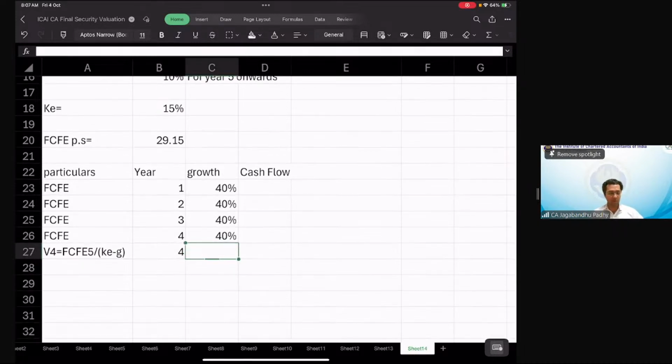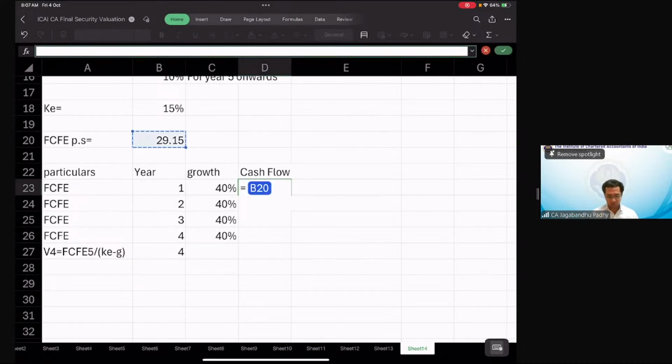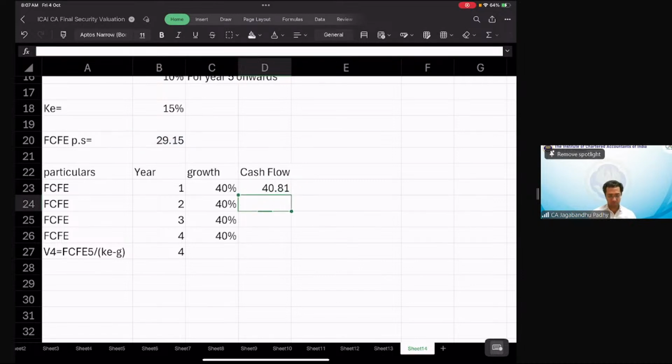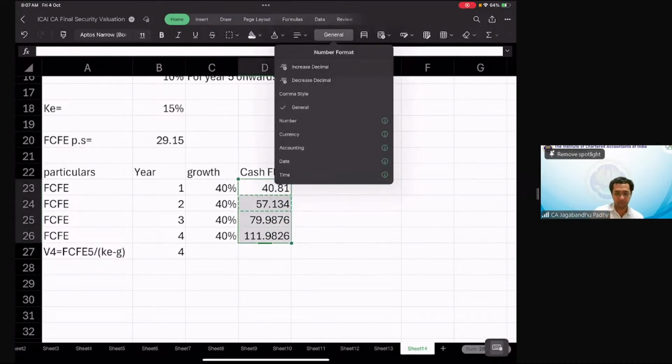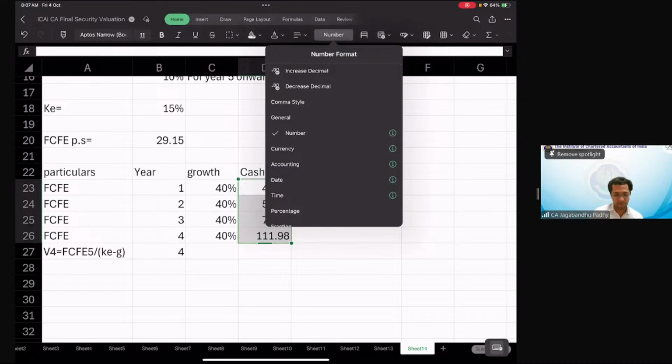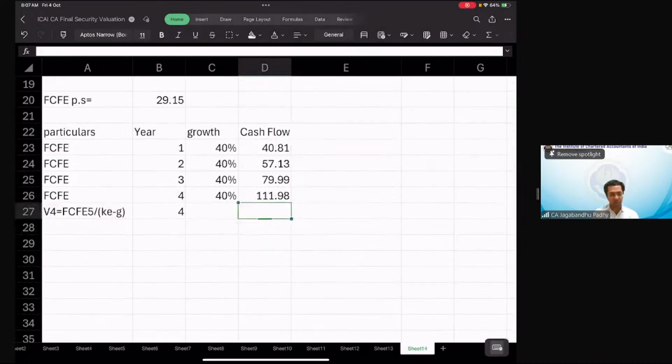First, we need to get the value of the share in year 4. Let me write down the cash flows as 29.15 multiplied by 1.4, then this multiplied by 1.4 again, so every year it's going to grow at a 40% rate. Here we need to get the value of the share in year 4.